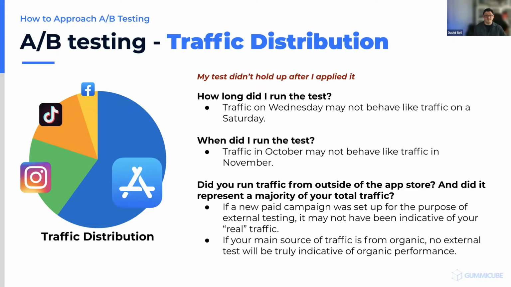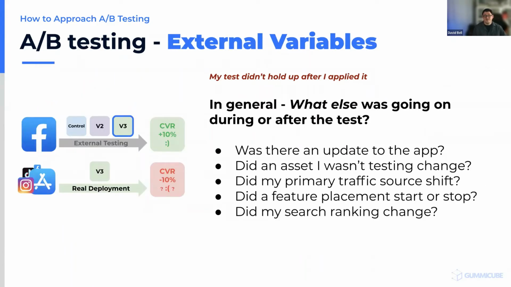The other reason people typically see challenges with the results of a test when they deploy it versus when they're testing different assets are external variables. And you have to balance these out as you're measuring tests. Has there been an update to the app? Were there other assets that you weren't testing that changed in that user journey or on your store listing?